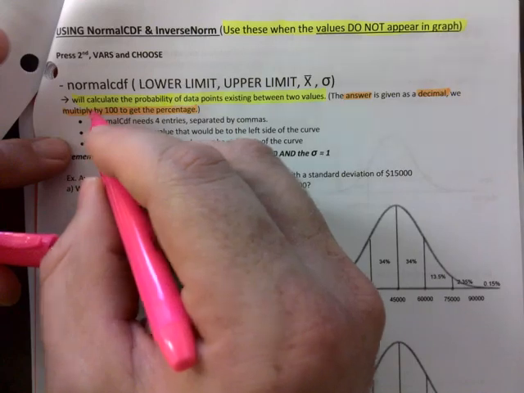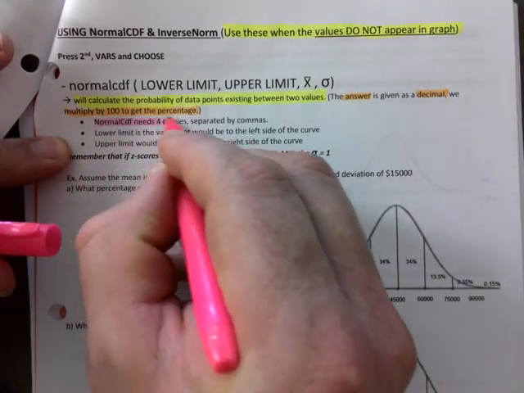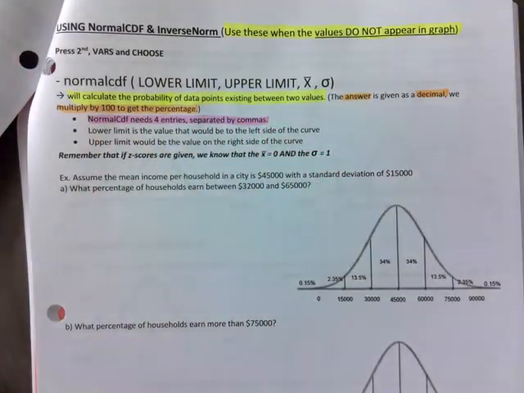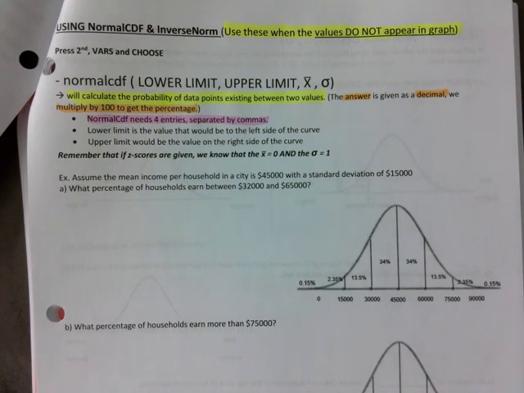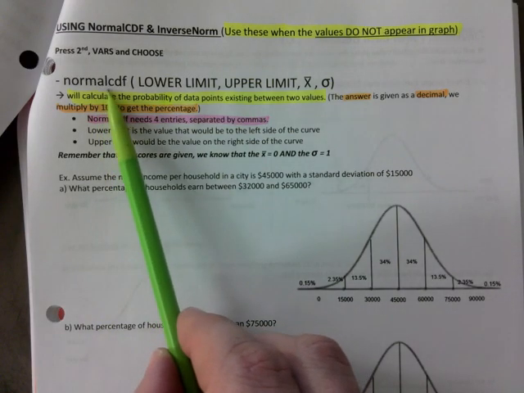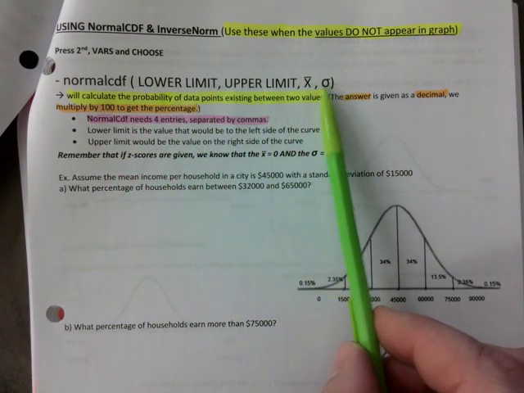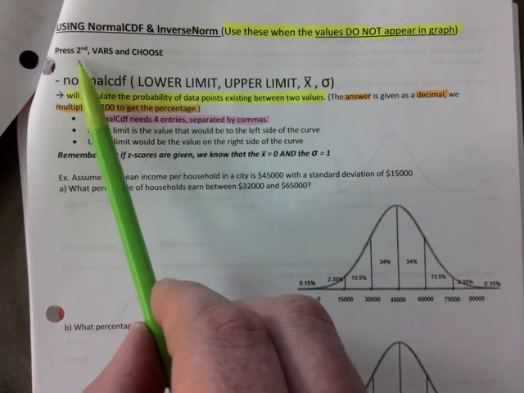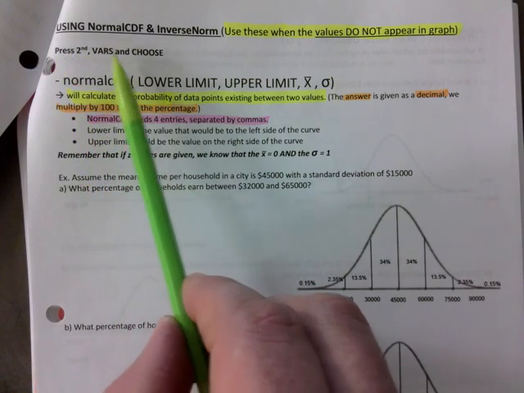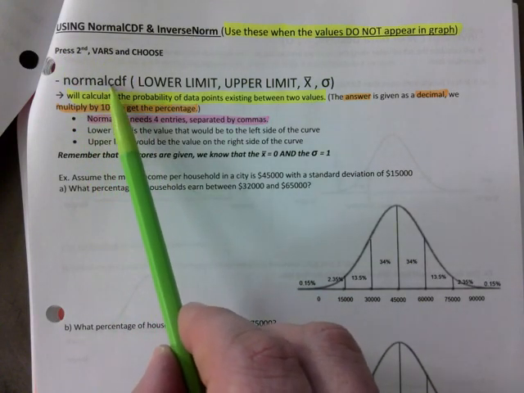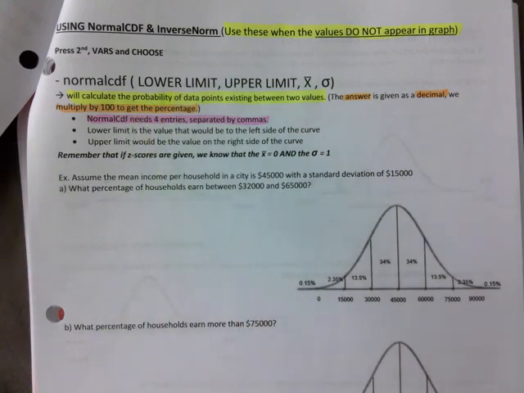That is probably one of the things that you need to make sure it has, those 4 entries. So if I were you, on my study sheet, I would actually have normal CDF, like basically how do I get there, right? Second vars, normal CDF, what does it do and what does it need?